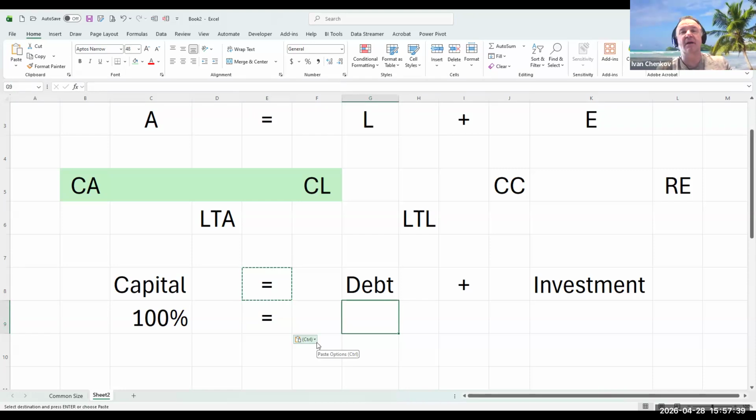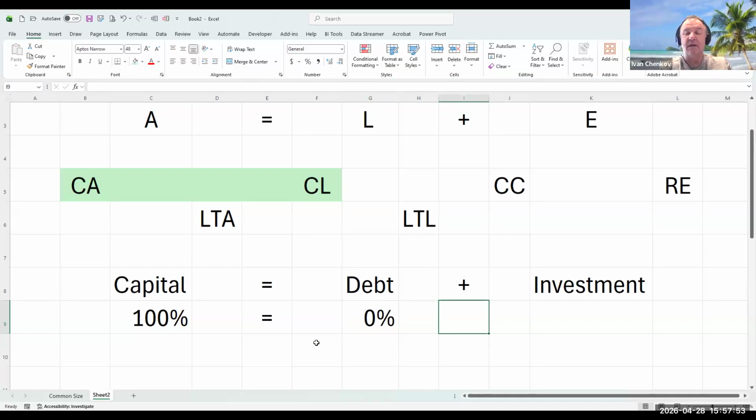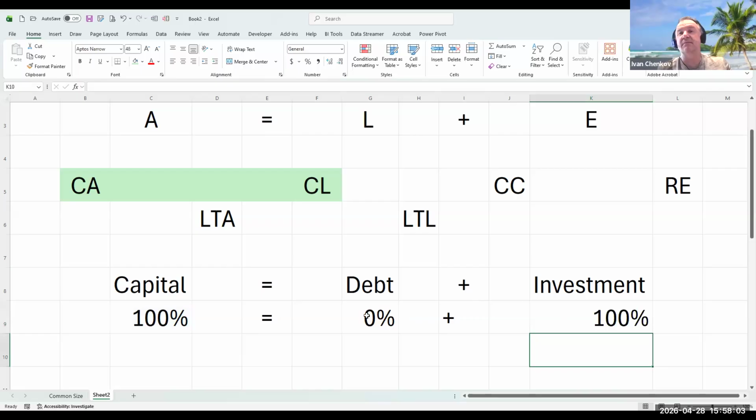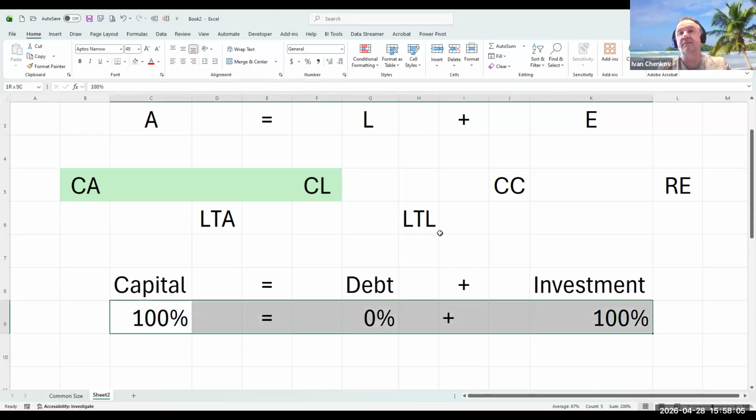Now you can have so many combinations here, but at the end of the day, those two are going to be equal to 100%. So let's say the debt is zero. Well, how much will equity be then? It has to be this one minus this one. It has to be 100%. There's no magic here.